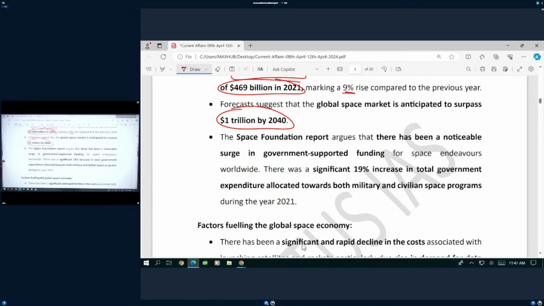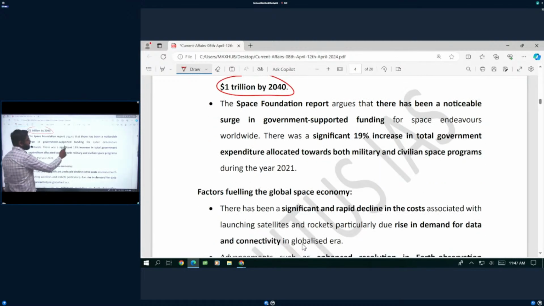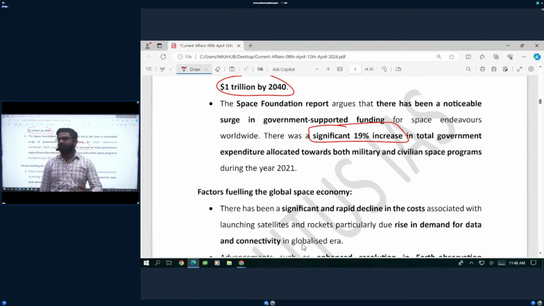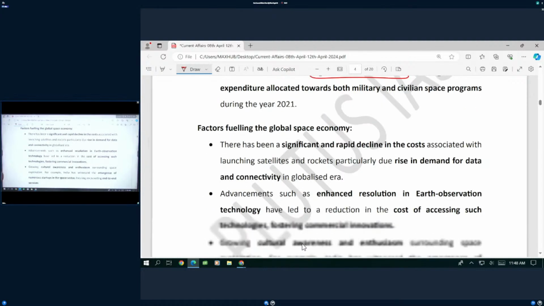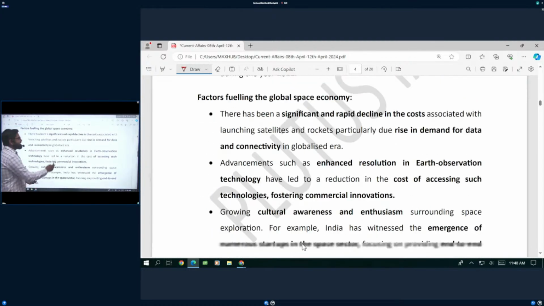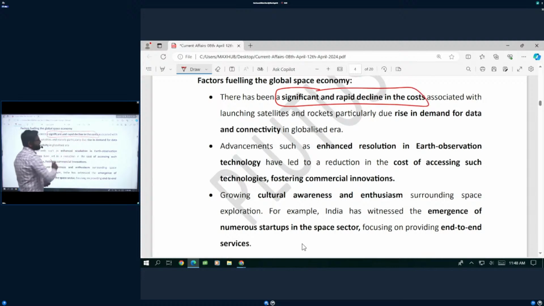And as we can see, there is a significant support. 19% increase for space adventures. So every government of this world is investing heavily in space adventures. Reasons, common sense है. There is a significant rapid decline in the cost, as there is a fundamental rule of economics known as economy of scale.